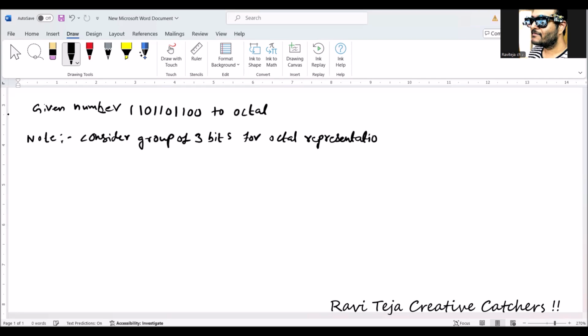So whatever the binary number is given, that should be considered with respect to groups of 3 bits. So let's write down the binary number first.